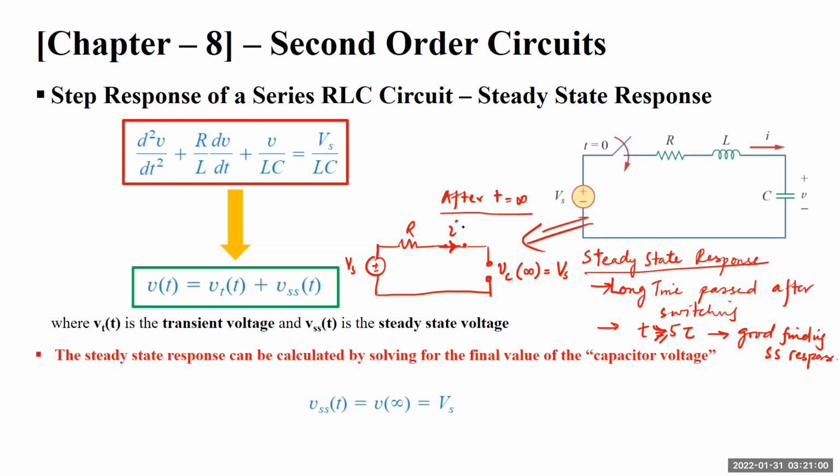Similarly, the current I infinity flowing through the inductor will be given by Vs divided by R, and this current will keep flowing until the capacitor and these nodes have similar voltage, then no current will flow. At infinity the inductor behaves as a short circuit, and this will be the initial value of current. But at infinity, since this will be an open circuit, this value will be 0.